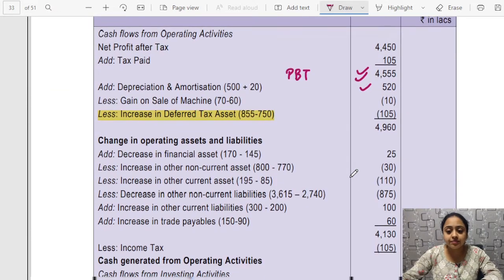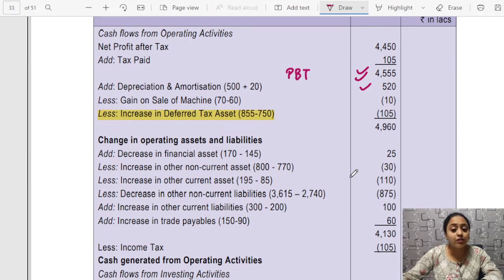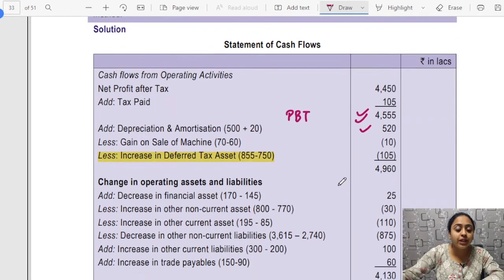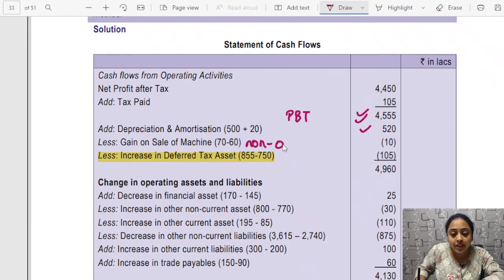Now the gain on sale of machine, that is 70 minus 60, has already been included in the P&L, but you need to remove it. This is non-operating, and therefore you remove it from your operating items.